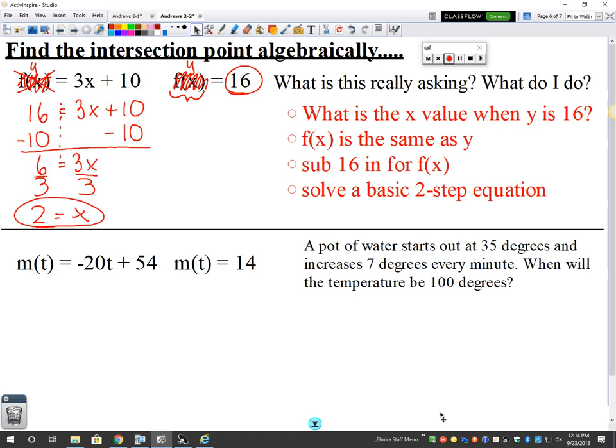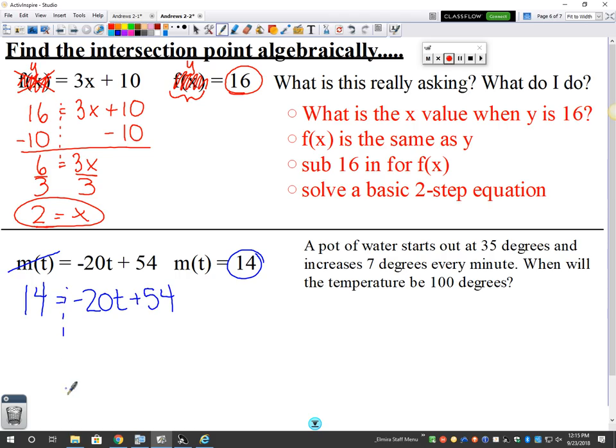Okay. Our second example. So m of t equals 14. So I'm going to sub out m of t and sub in 14 equals negative 20t plus 54.